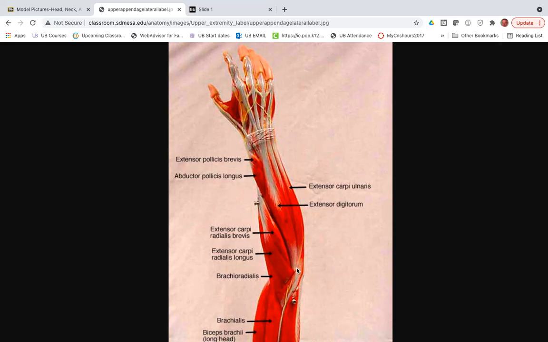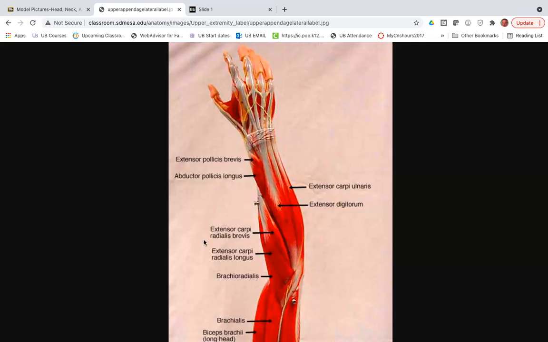Now, on the flexor side, there was a flexor carpi radialis. So on the extensor side, there's going to be an extensor carpi radialis, but with a unique twist. There's an extensor carpi radialis brevis, which has a shorter tendon, and an extensor carpi radialis longus has a longer tendon. Okay, but they all have that common attachment, the origin at the lateral epicondyle.